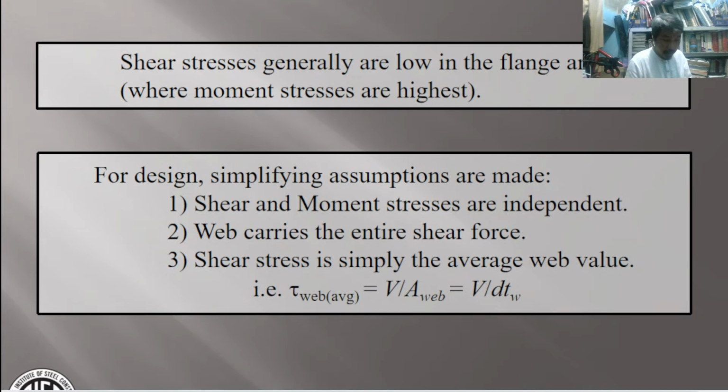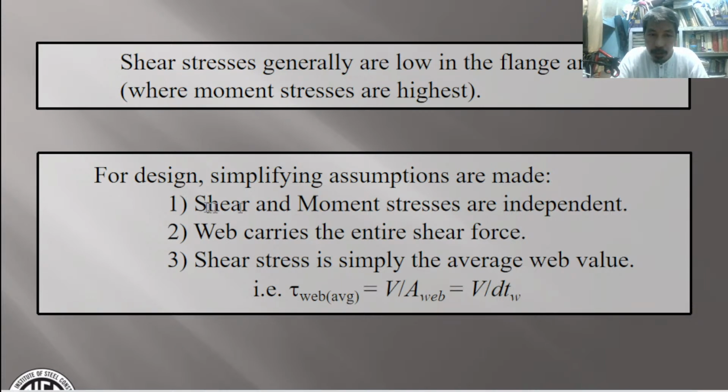And usually, shear does not control over flexure. Usually flexure controls, unless the length is short. If we have a short length beam, then shear strength will control. For design, simplifying assumptions are made.